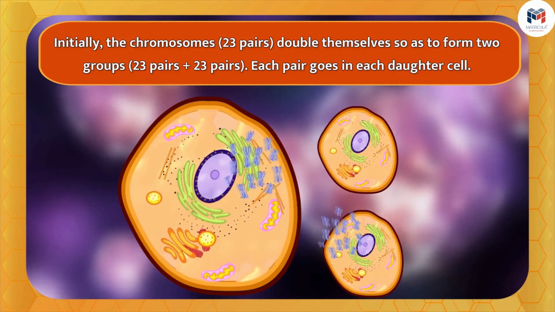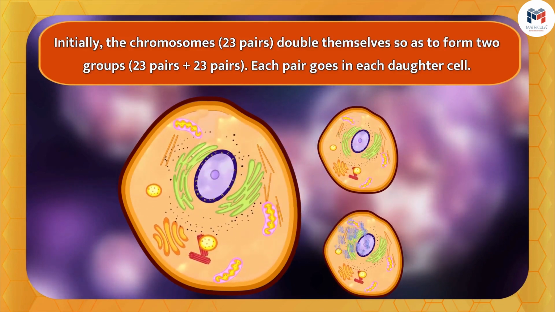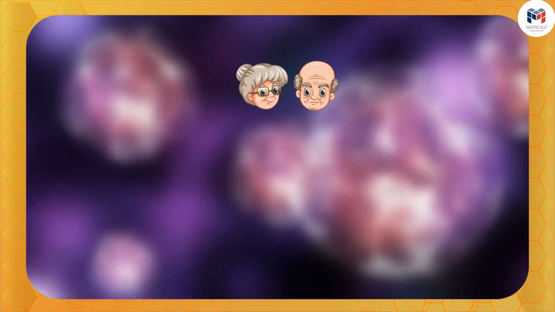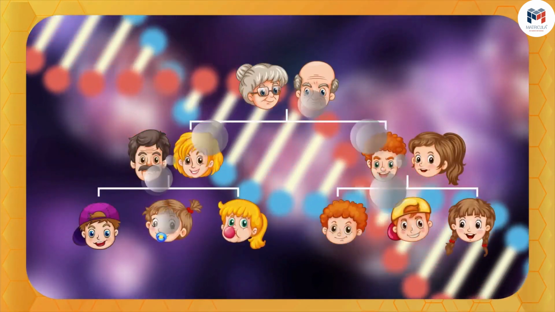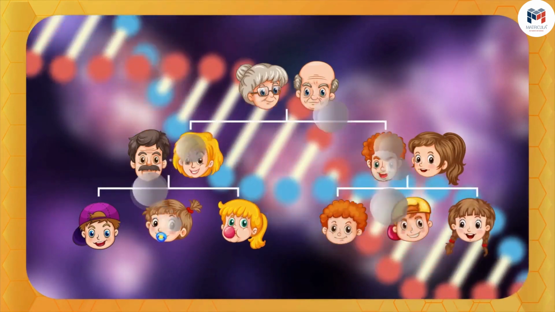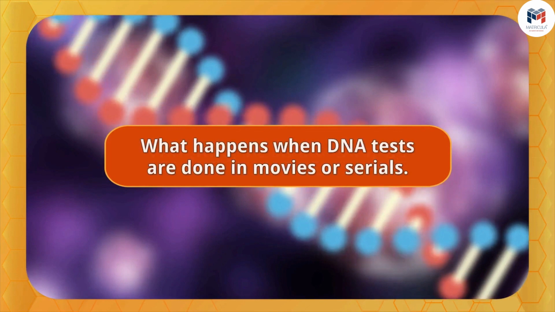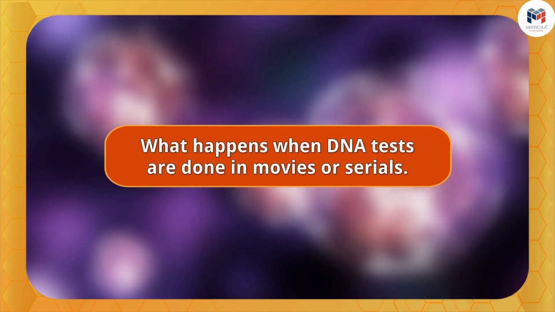So friends, in this way, through genes of DNA, instructions go into the new cell. So it can be said that in inheritance, information is passed through the genes of DNA. Similarly, in children, information or instructions come through the genes of DNA of parents. Well, I guess you must have got an idea what happens when DNA tests are done in movies or serials.